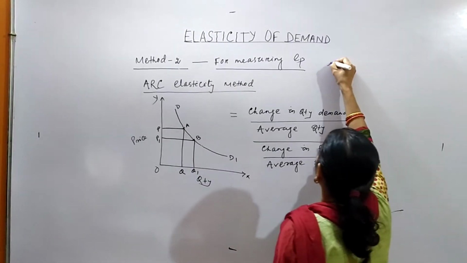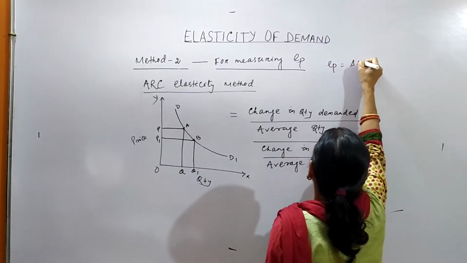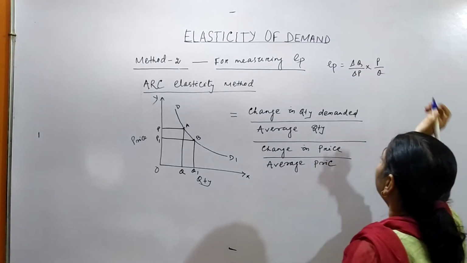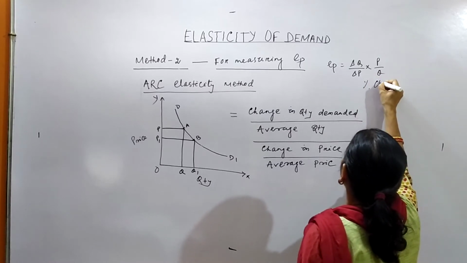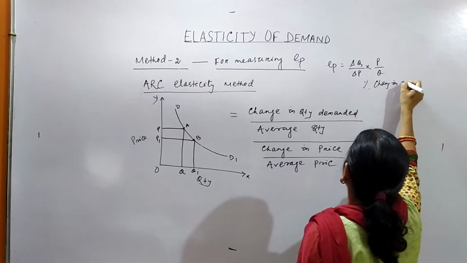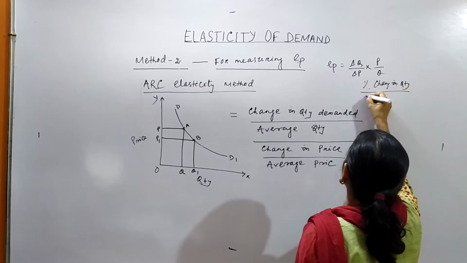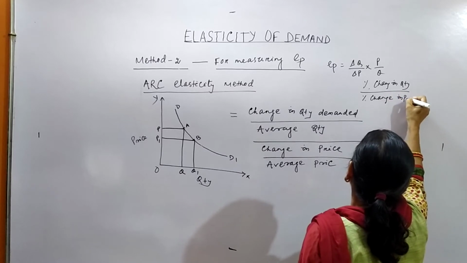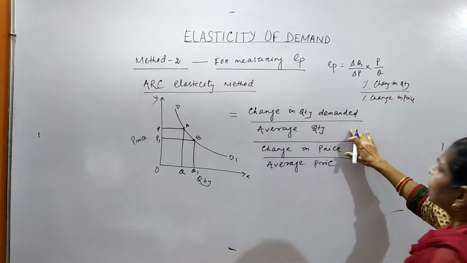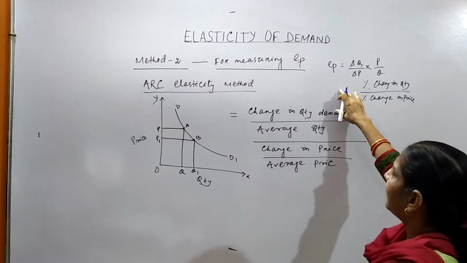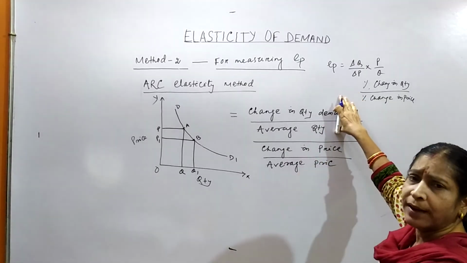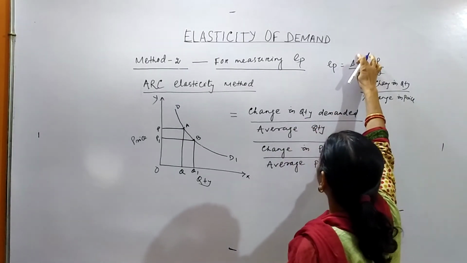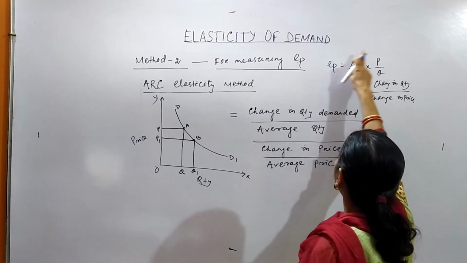In that case, the formula for EP was delta Q by delta P into P by Q. That means percentage change in quantity divided by percentage change in price. In this case also, we see quantity demanded on top, price below. So change in quantity, change in price, all of this is there.